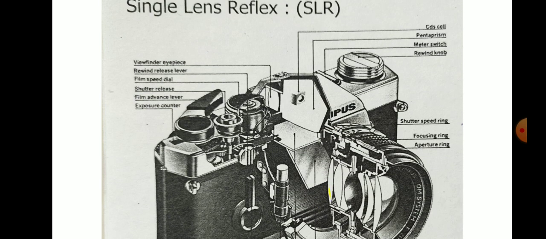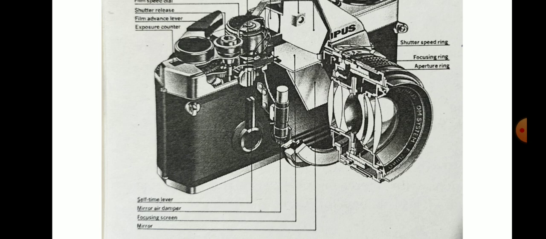The film advance lever is there, and the exposure counter is there. All these things we will understand slowly afterwards, like what the exposure meter is, lens metering, and film sensor. But now we are just observing the anatomy of the camera.